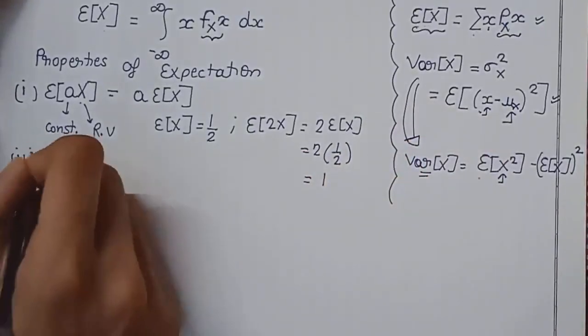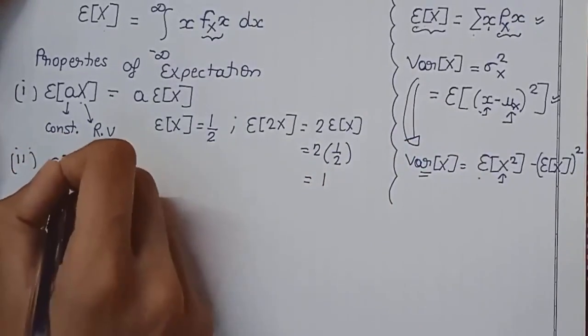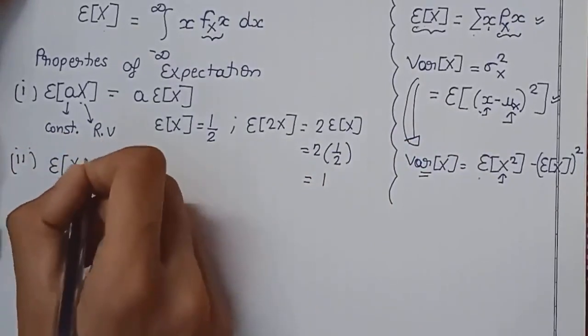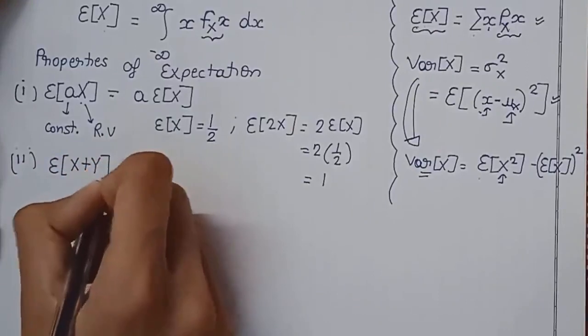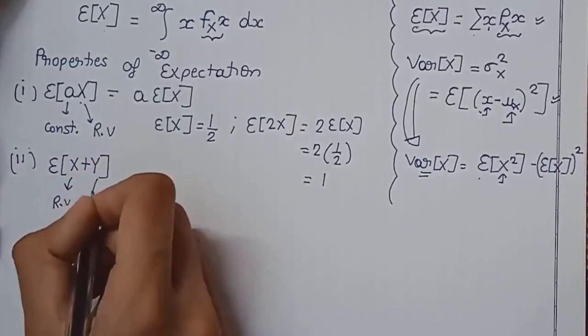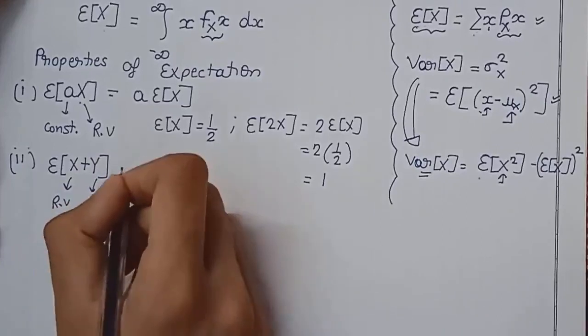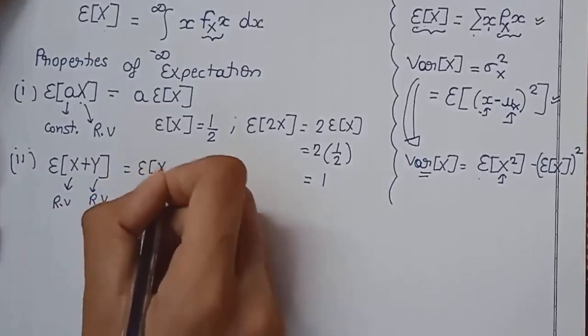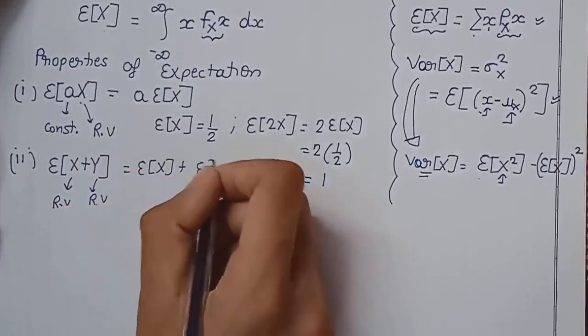Now the second property of the expectation operator is expectation of a sum of random variables, where x is a random variable and y is a random variable, is equal to E of x plus E of y.